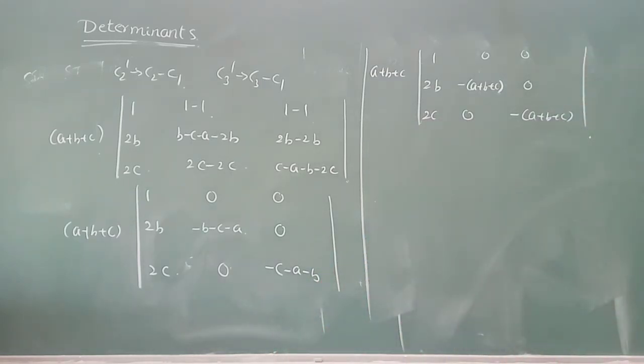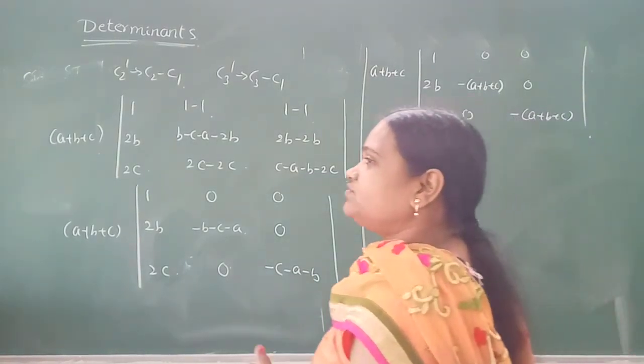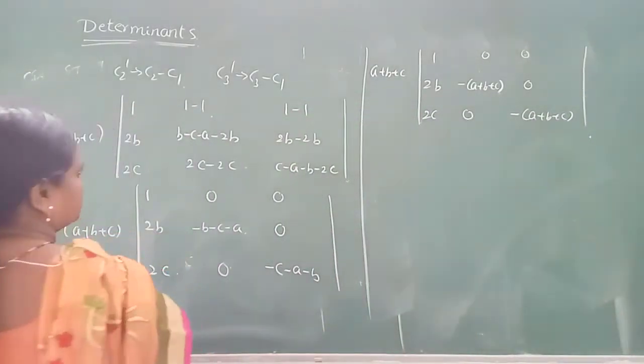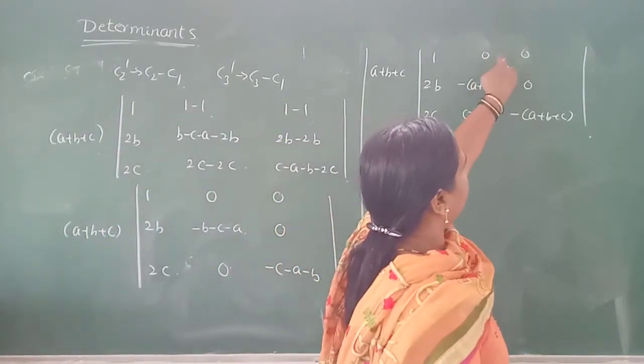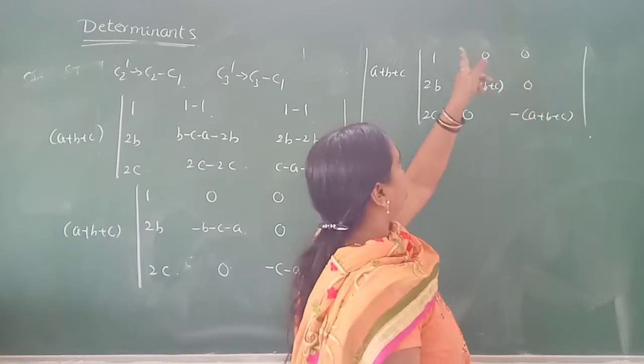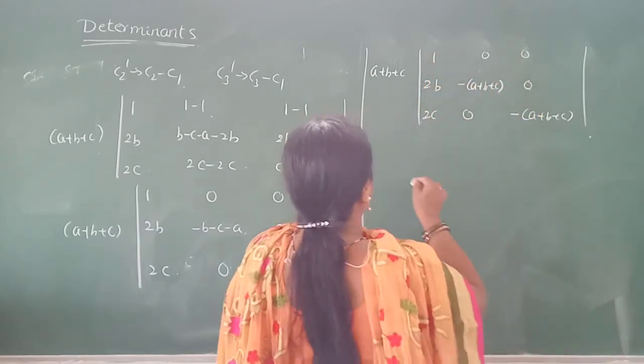And I already mentioned the property. If on one side of the principal diagonal the elements are 0, then the determinant is the product of the principal diagonal elements.